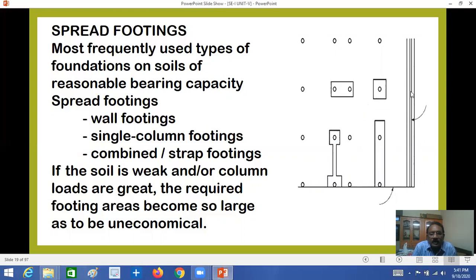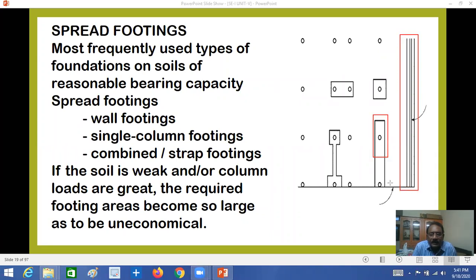Wall foundation. If you see this one, this is a wall foundation, right? Okay, spread foundation like this, and single wall foundation, and combined footing like this.